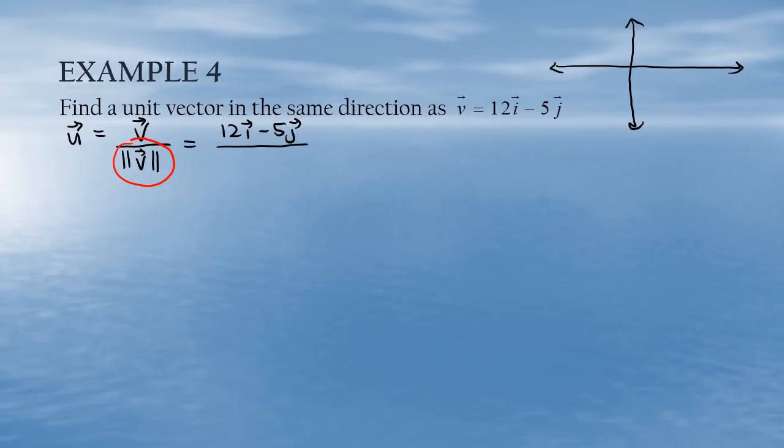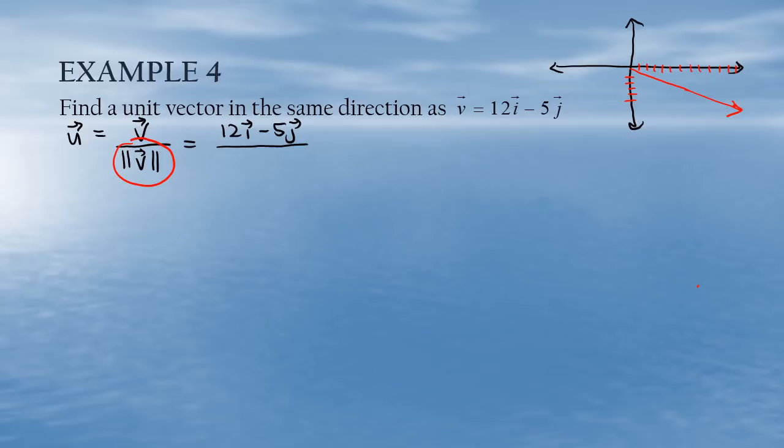If I wanted to locate where is 12i minus 5j, that would be 1, 2, 3, 4, 5, 6, 7, 8, 9, 10, 11, 12 units on the horizontal axis, and then 1, 2, 3, 4, 5 units on the vertical axis. So vector v is in the fourth, there it is, somewhere about right there. It's in the fourth quadrant.